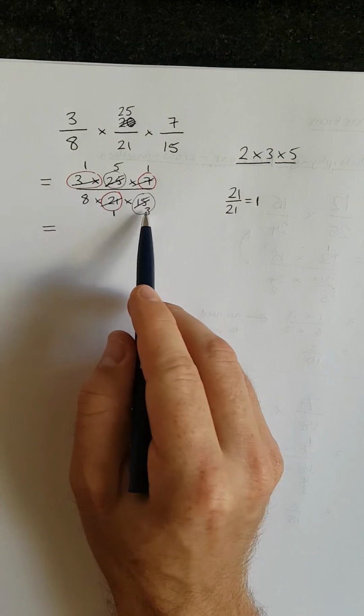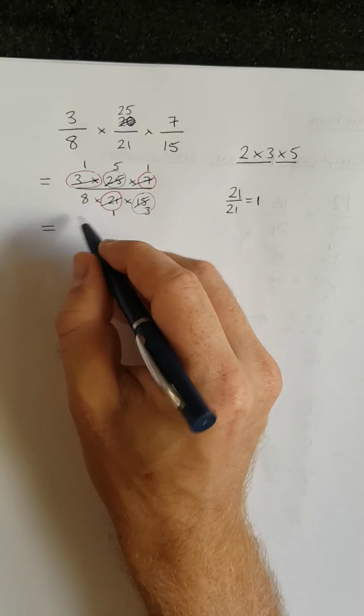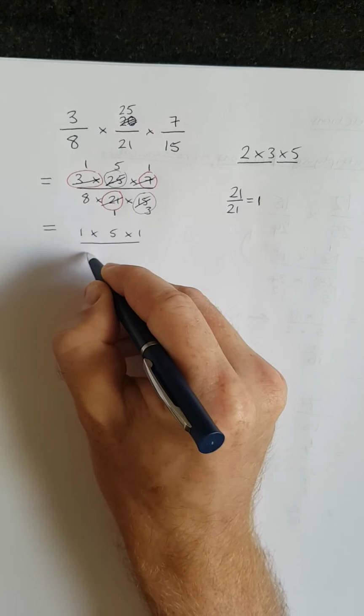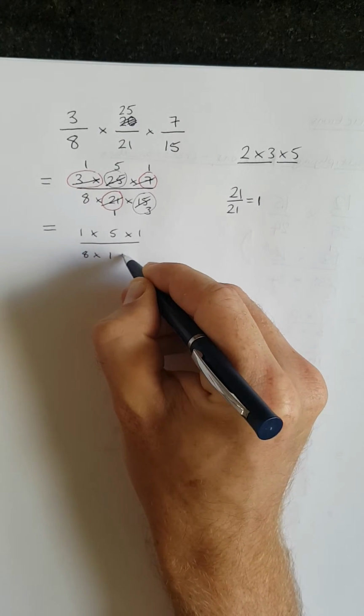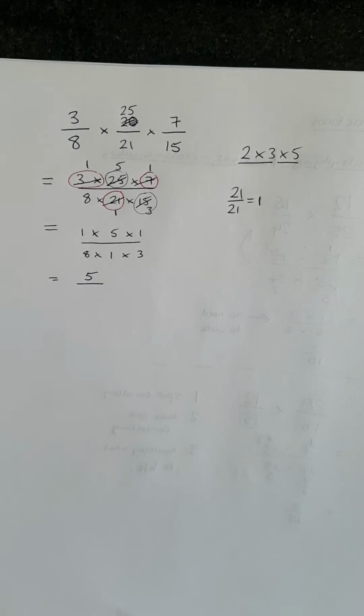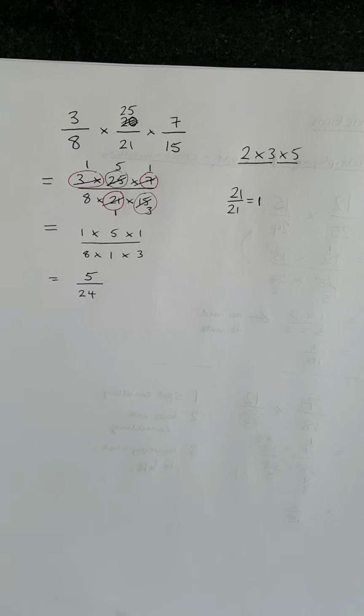Some of you will have seen 3 and 3 and wanted to cancel those. That's okay as well. You'll get to the same answer. But I'm now left with 1 times 5 times 1 and 8 times 1 times 3. So that's 5 on the numerator and 24 on the denominator.